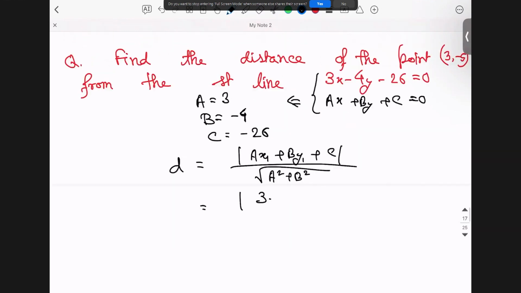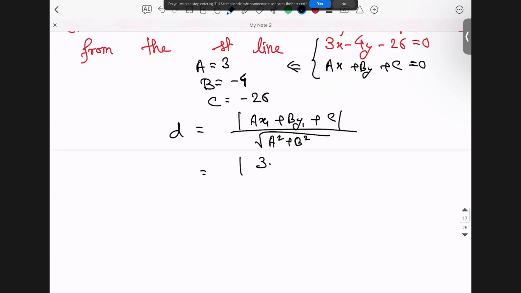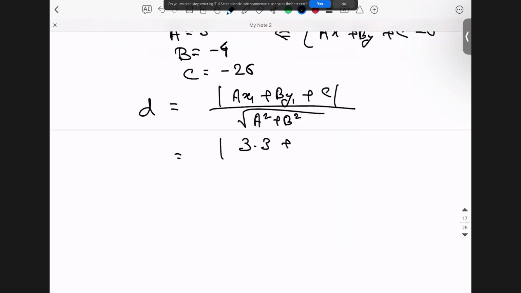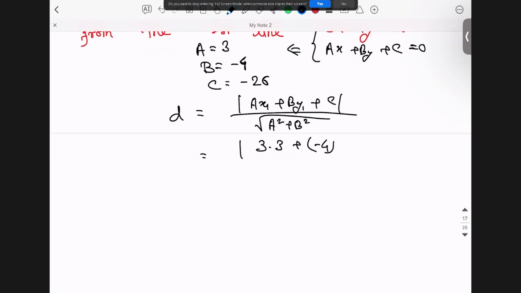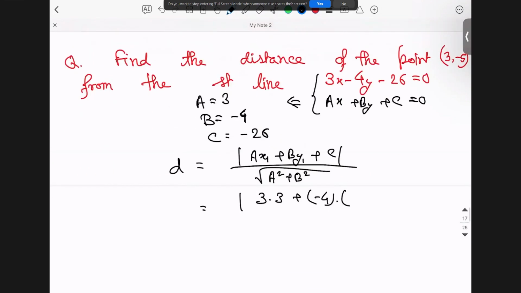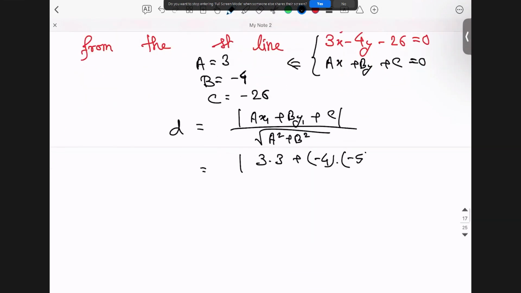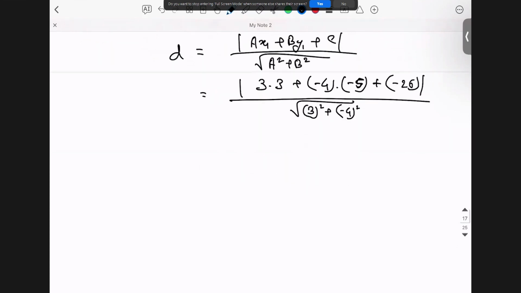Now put the values here. 3 into what is our x1? 3. So 3 into 3 plus what is our b? b is minus 4 into what is our y1, minus 5, plus c, c means minus 26, divided by square root of a square plus b square, that is 3 square plus minus 4 whole square.